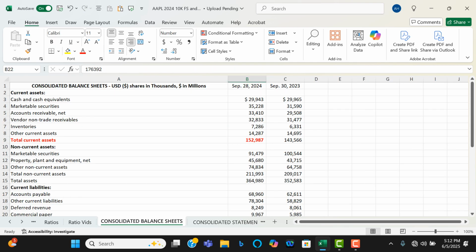So notice, let's go back and look at this. For the current ratio, we took the sum of all these items right here, and we left out inventories. Now, inventories is not that big here. Here, the major difference is these vendor non-trade receivables. I still think that we should exclude them because I just don't know what they are. If I knew more about the company and I knew that they were receivables that you would collect very quickly, I'd probably include them.